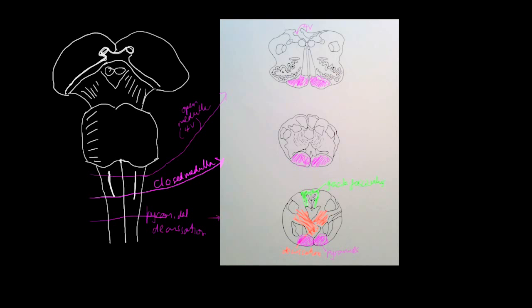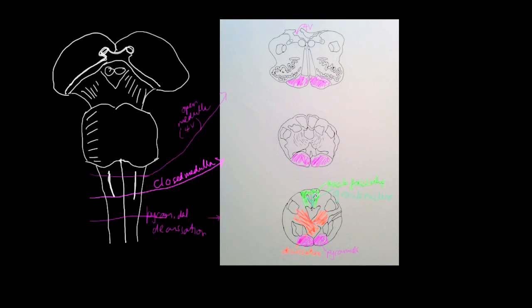But at this particular point, you can start seeing some other structures more medially. And what those structures are, the nuclei. So in here, we've got the beginning of the gracile nucleus, which I'm not sure you can see very well.